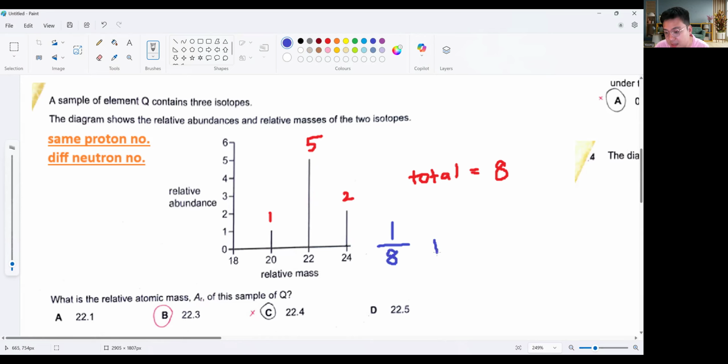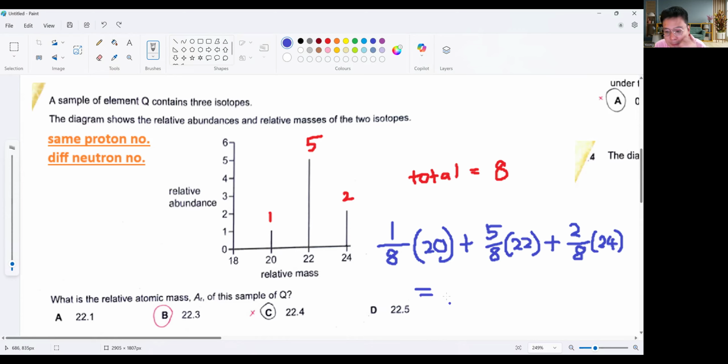Like what we learn in mathematics, what you want to find divided by the total times the value. So here is 20. So 1 over 8 times 20 plus 5 over 8 times 22 plus 2 over 8 times 24. All right.